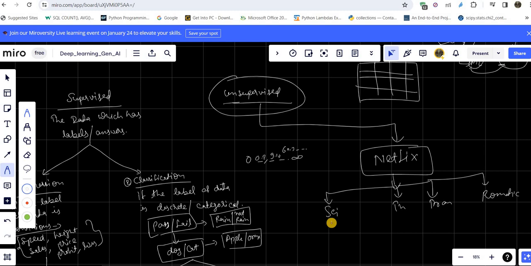When you start watching sci-fi, it starts recommending you more sci-fi. How do those algorithms work? The name of those algorithms is association.